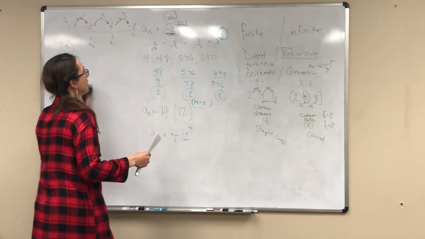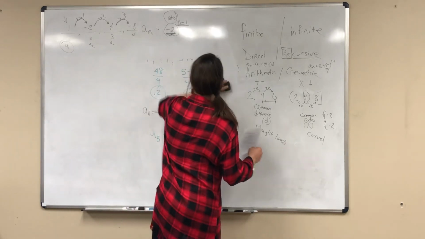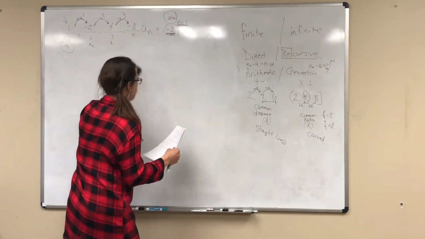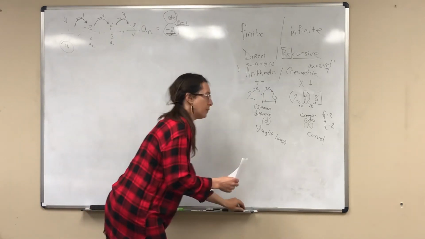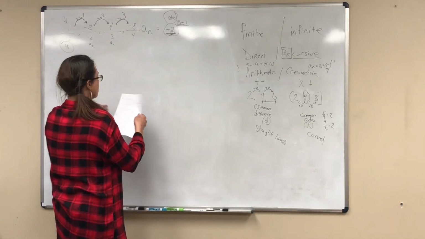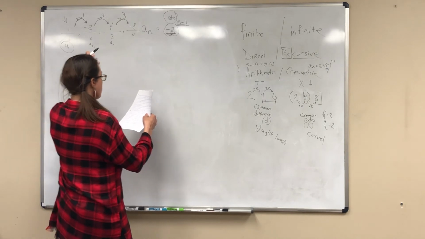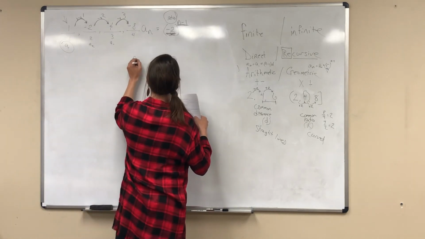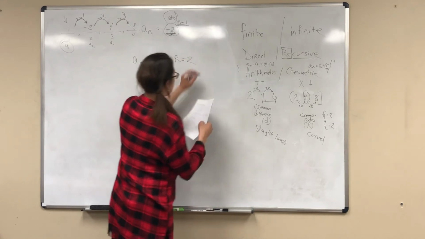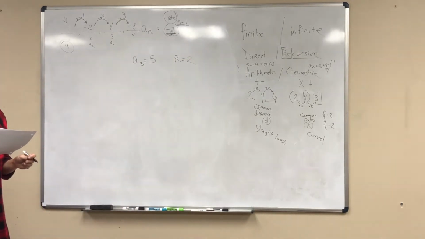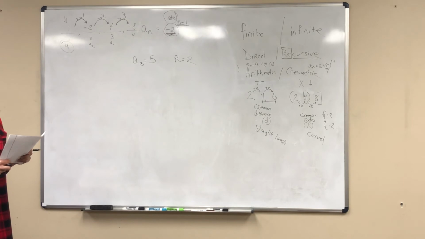So how do we go backwards and find something if they don't give us the whole sequence? When they only give us parts of it. So if they say find the nth term, and they only give you one term, a_3 equals 5, and my ratio equals 2. How would we find that?